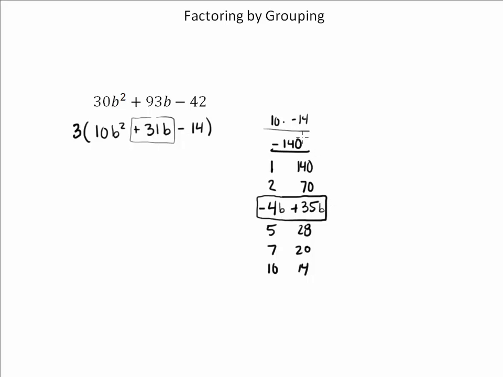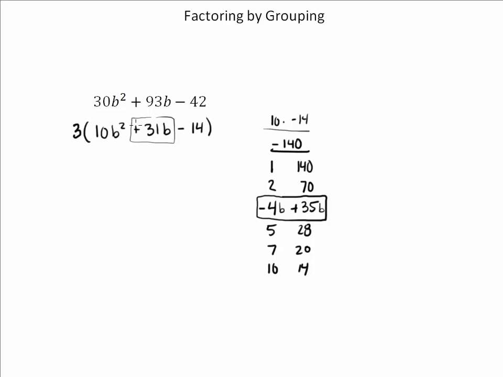Now, kind of going back a little bit, once I found this one, I knew it wasn't going to work because I add those together, I don't get 31. As soon as I got to this one and I see it's going to work, I don't have to find any more. I found the pair that works, and none of the other pairs are going to work. So as long as my signs work out just fine, negative 4 times a positive 35 is negative 140, and they combine together to make positive 31, I'm good to go.